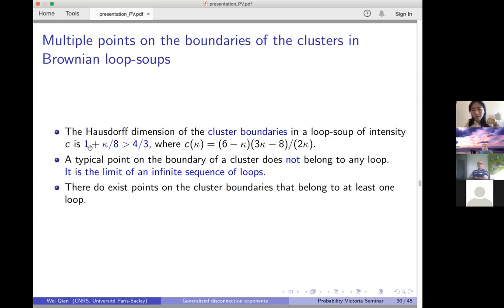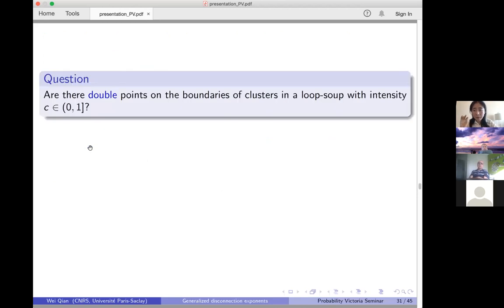But in the Brownian loop soup case, most points on the outer boundary of a cluster are not visited by any of the Brownian loops. But we do know that there exist simple points that are visited at least once.